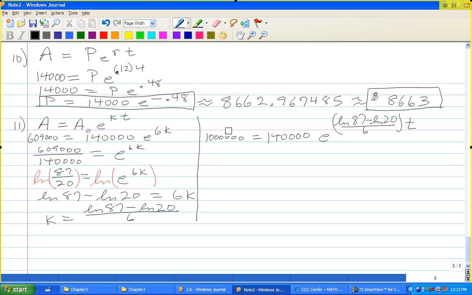Divide both sides of your equation by 140,000. And so that will be 500 over 7.